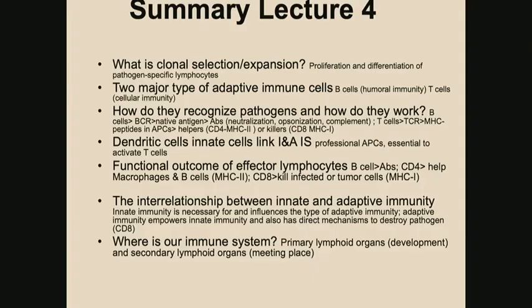Because this B cell will now convert into a plasma cell, and the plasma cell doesn't have the BCR, but instead it will secrete a soluble form of the BCR, which is the antibody, okay, which will be exactly the same one that the precursor B cell had on the surface. So this antibody will bind this antigen, and so will now be able to bind the pathogen and neutralize the pathogen, or fix complement, or opsonize, okay?